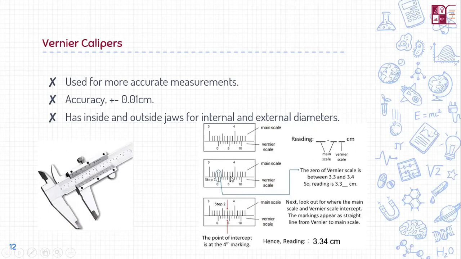Then you're going to look out where the main scale and the vernier scale intercept, and the markings appear as a straight line from the vernier to the main scale. So where these lines are in a straight line, that's where your marking for the vernier scale is, and then you just add it to the main scale reading, and that's your final reading. So in this case, it's going to be 3.3 from the main scale, 0.04 from the vernier scale. Your final reading is 3.34 centimeters.